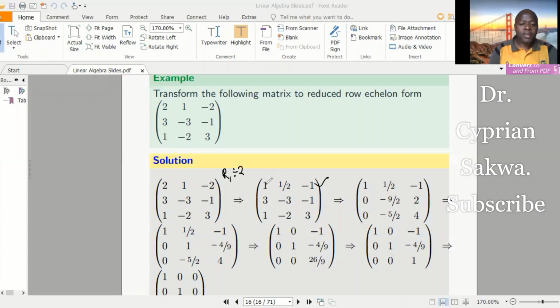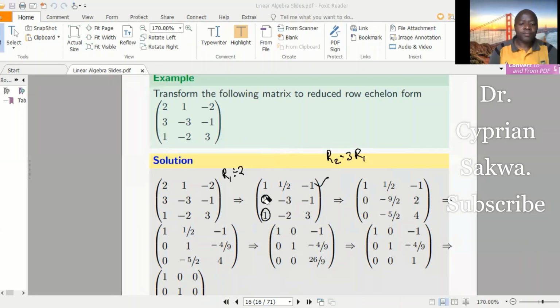Once I have this leading element as 1, I want it to be the only non-zero entry in this column. So I use it to create a 0 in this position and a 0 in this position. How do I get a 0 in this position? By taking row 2 minus 3 row 1. Remember, I'm using this leading entry.